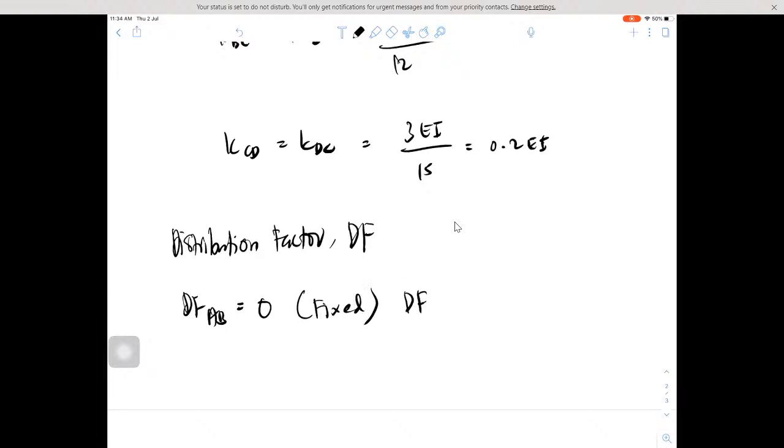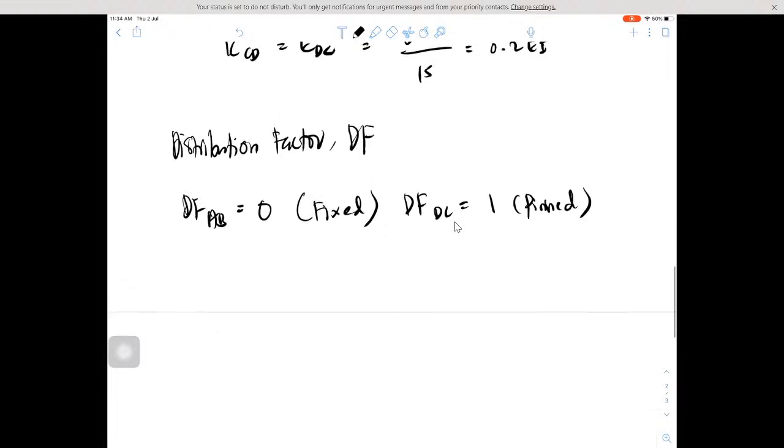DF DC is equal to 1 because of pin. Then we will calculate DFBA. It is KBA divided by KBA plus KBC.